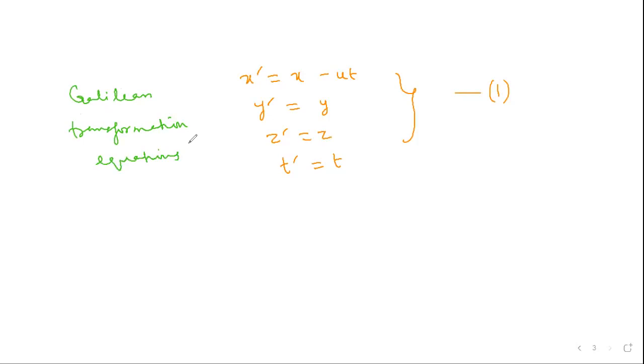X prime equal x minus ut, y prime is y, z prime equals z, t prime equal t. Now the first of these equations is consistent with our common sense, and the fourth equation t prime equal to t was simply taken for granted in classical physics.